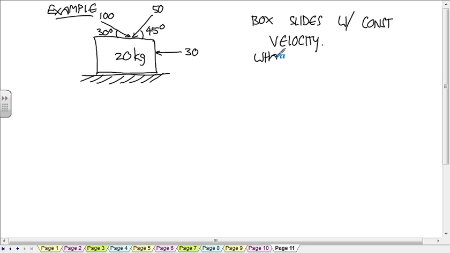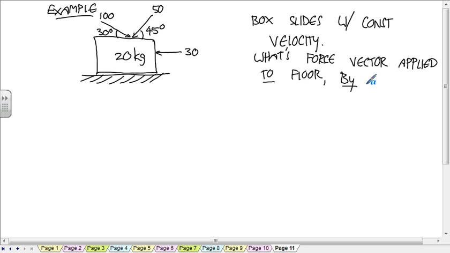And the question is, what's the force vector applied to the floor by the box? It's sliding with a constant velocity.